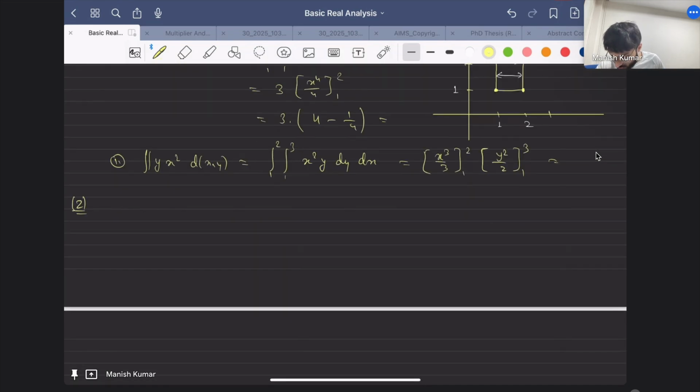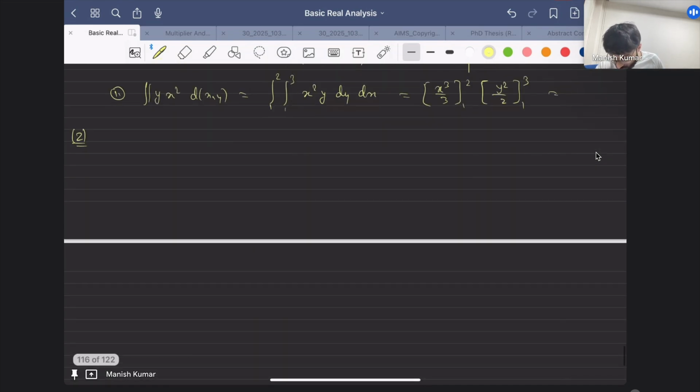So let's move to the second problem. You have to find the area of this region, which is a triangle. Let me describe what it is.